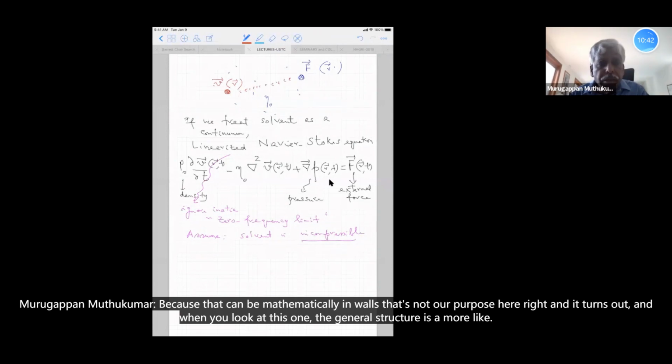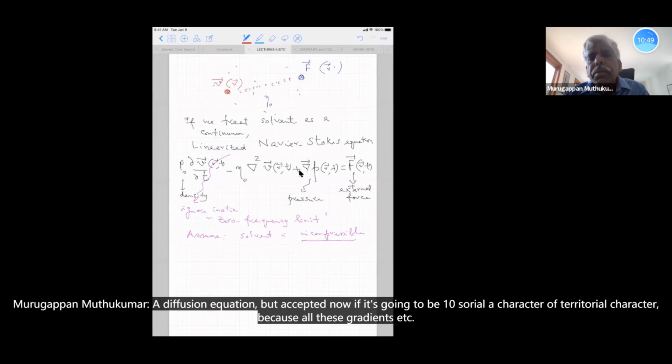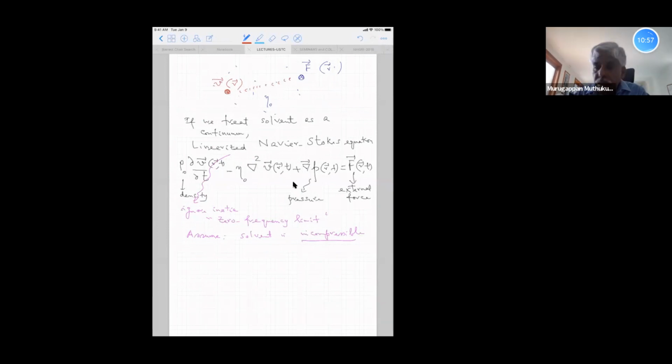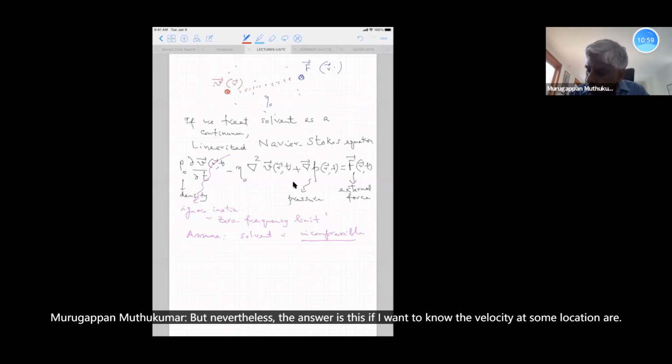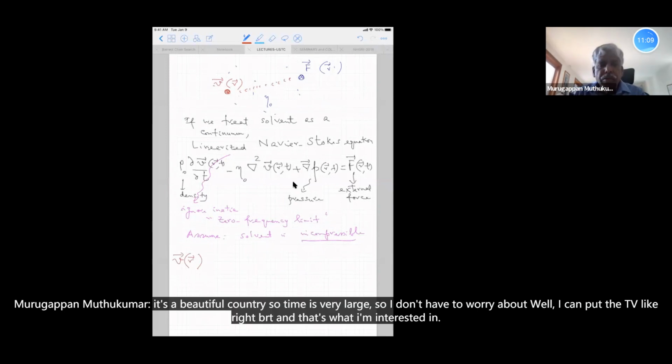When you look at this, the general structure is more like a diffusion equation, except now it's going to have a tensorial character because of all these gradients. Nevertheless, the answer is this. If I want to know the velocity at some location R, and it's zero frequency so time is very large, I can put a t if you like, V of R and t, that's what I'm interested in.